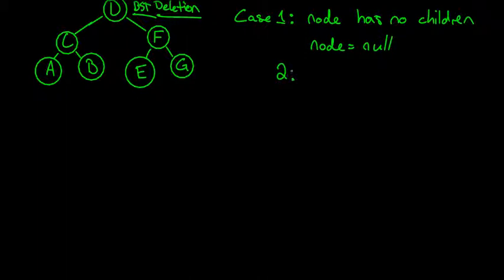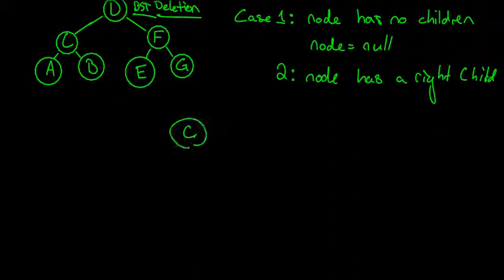Case two is that the node has a right child. Like so. So if it's C, that means C simply had one child.